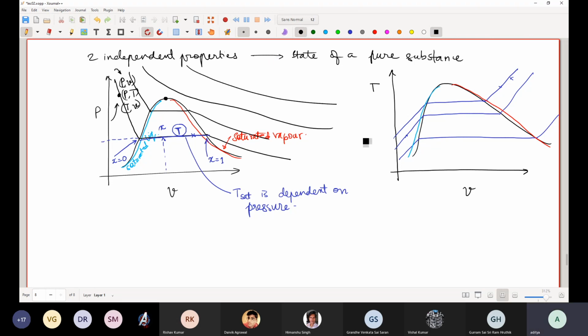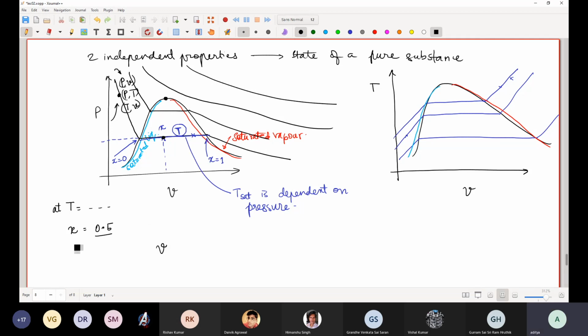I will just recall once again that if someone says that under saturation at some temperature T, the quality is 0.5, how do you find the specific volume?